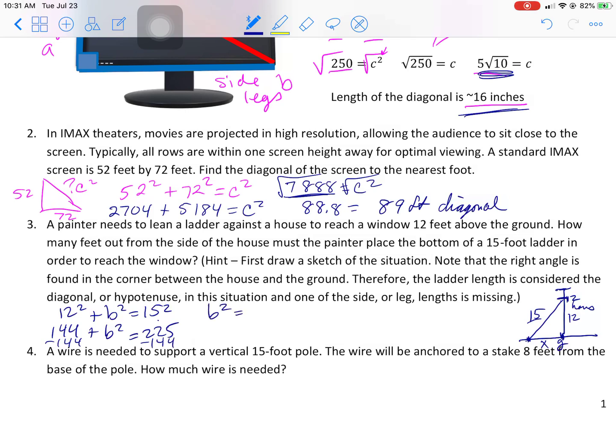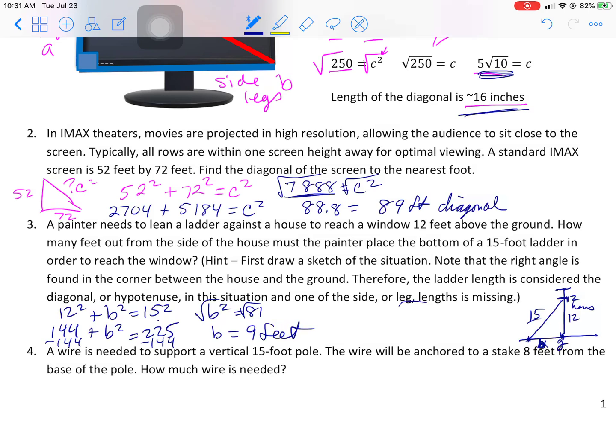You're going to get B squared equals 81. Square root both sides, and this is going to equal 9. So X or B, 9 feet out. I try to remember to put my units in.